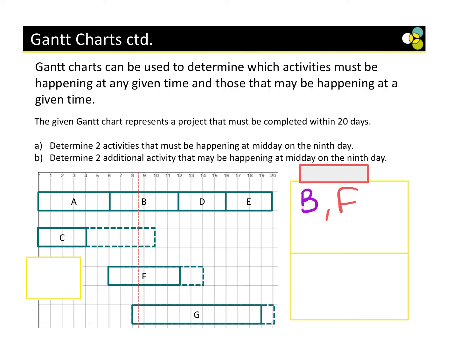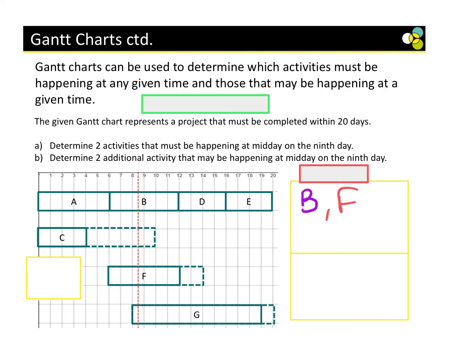Then we also have G. If we look at G, can I move it here? Yes. Does it have to happen on that day? No. This is sometimes where we have to really visualise. These boxes I'm drawing are great, really good, interactive, and you can see what you have to move. The only 2 that definitely have to happen are B and F.